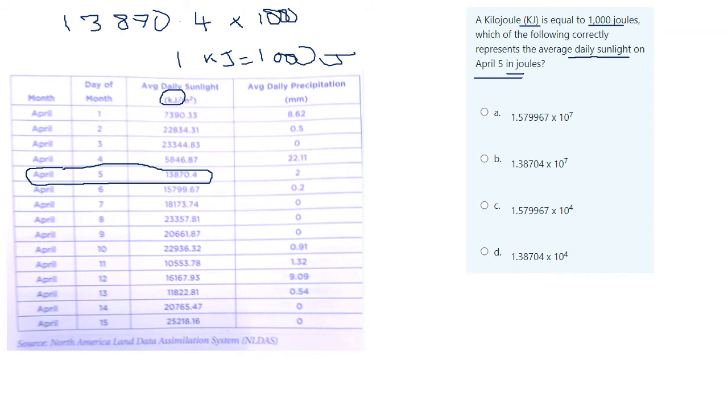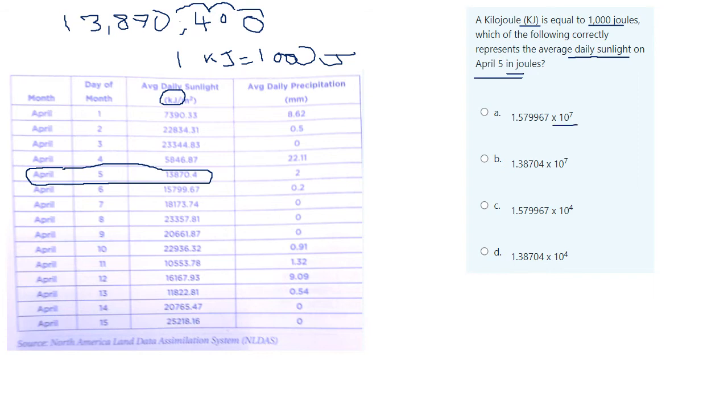So we need to move the decimal point 1, 2, 3. And so we get an answer 13,870,400 joules. But we are asked for the answer in scientific notation.